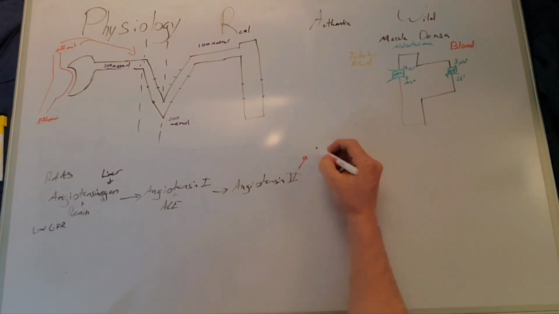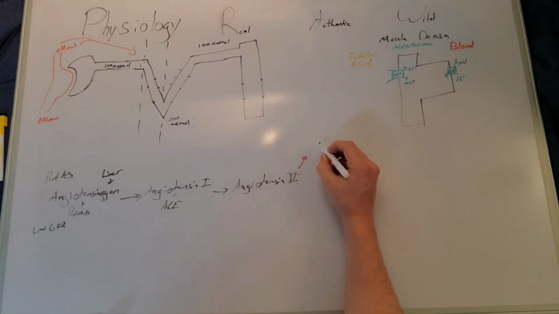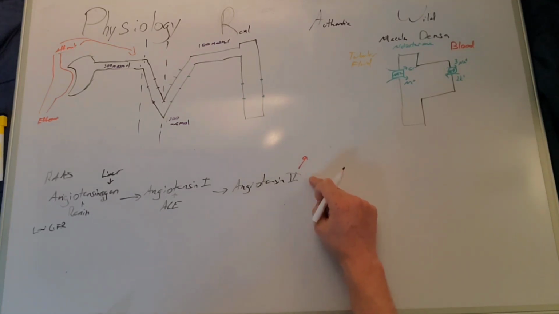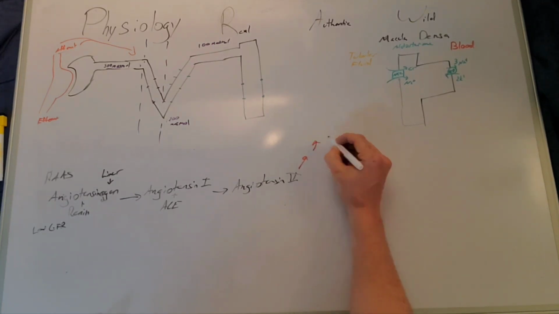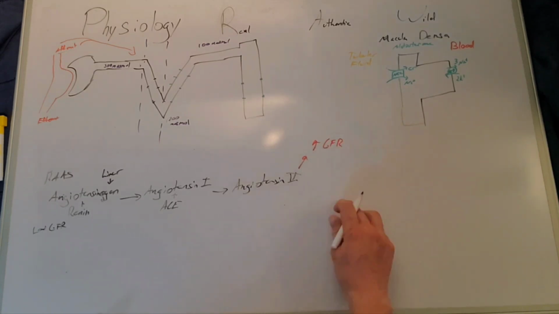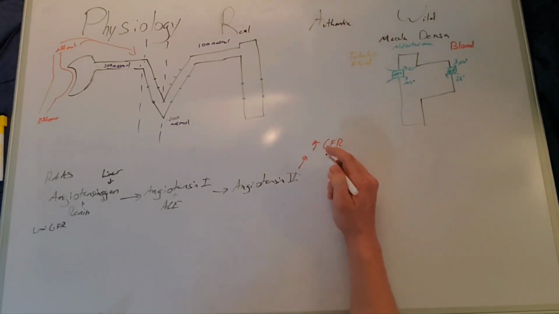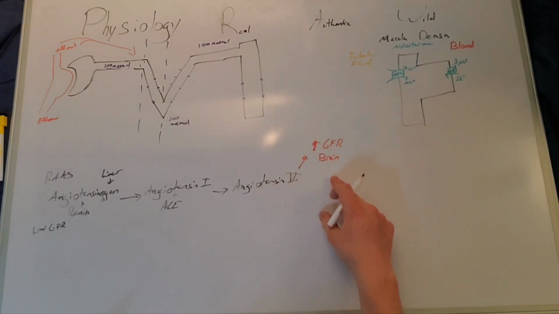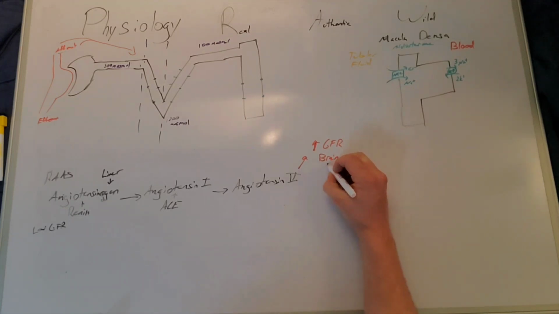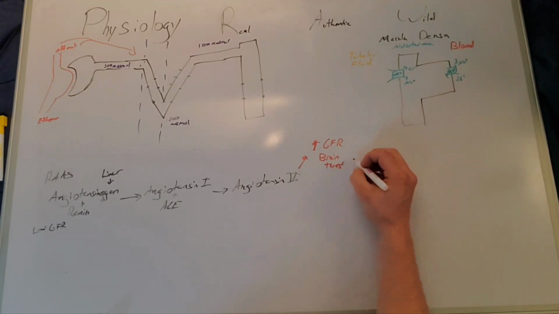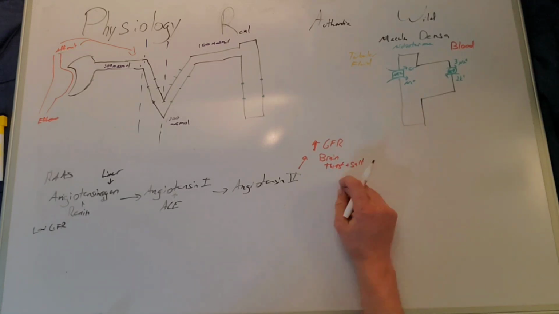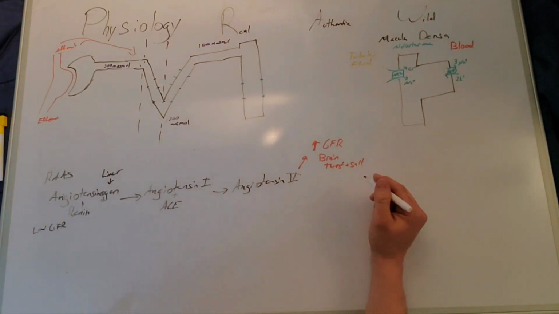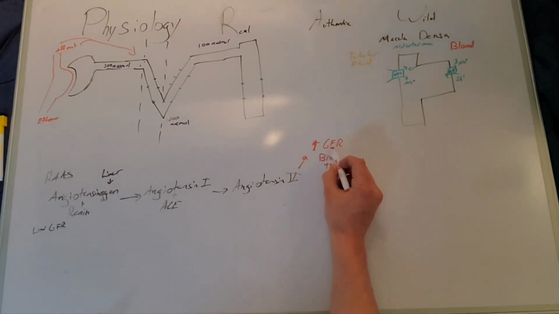So we'll just say the first part goes to increasing GFR, and part of that chemical goes to the brain, which helps us feel thirsty. So thirst plus salt to increase filtration, absorption of the kidney and filtration, obviously.